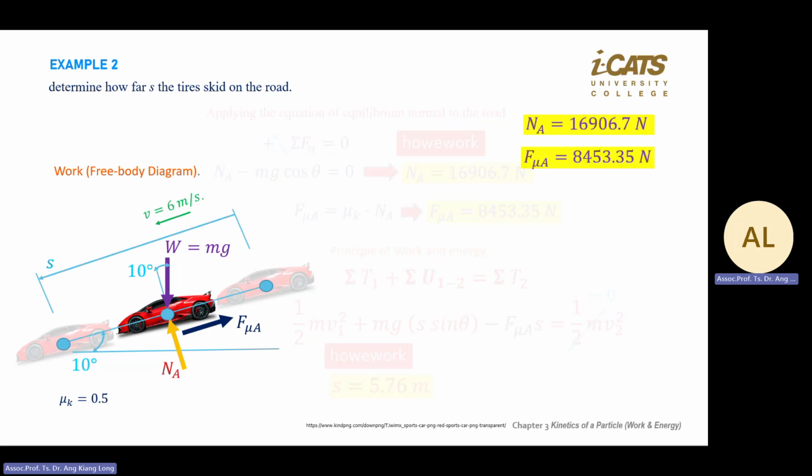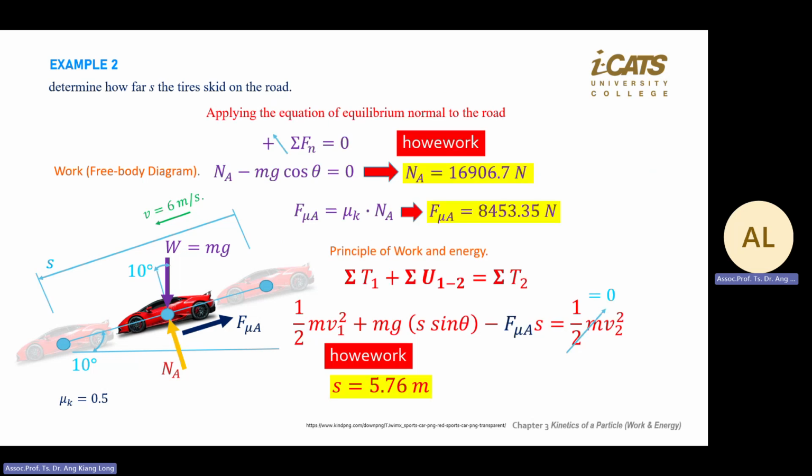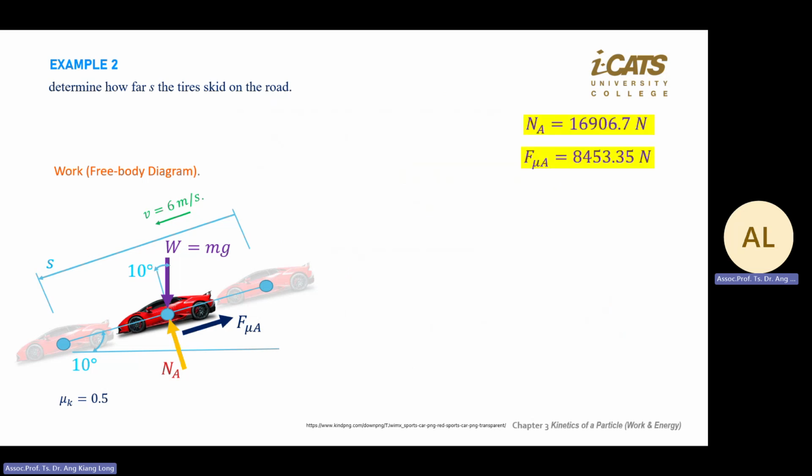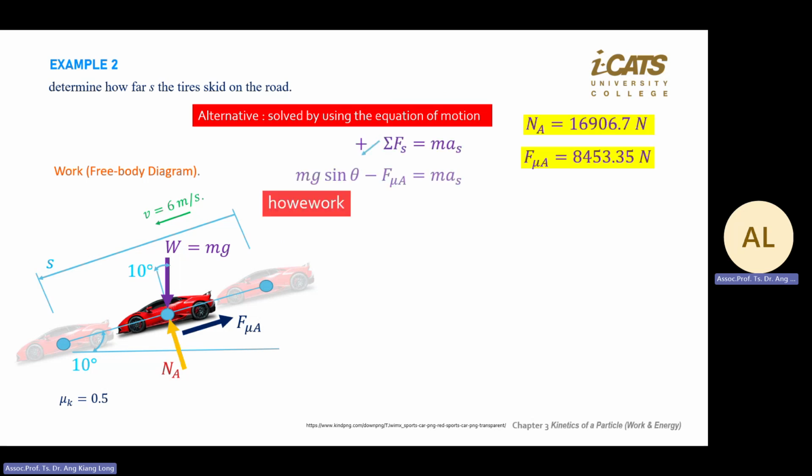Okay. This is the chapter 3 answer, where the question forces you to use the principle of work and energy. If the question comes from chapter 1, then you can use equation of motion, where you find acceleration. This you go home and read.